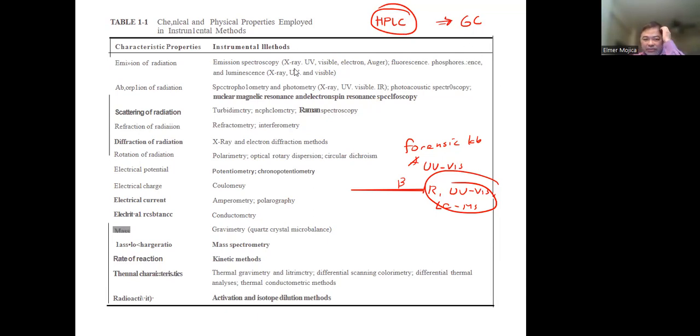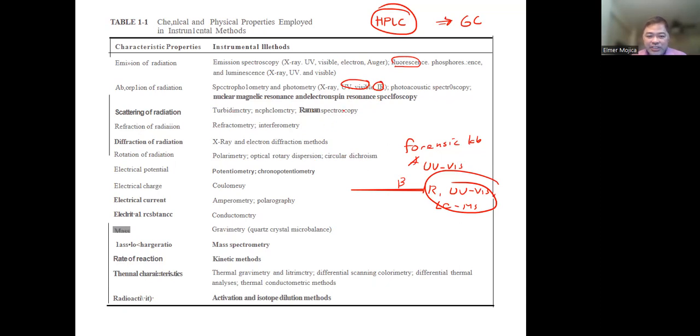So if we're going to look at the chemical and the physical methods employed in instrumental analysis, I think this is a summary. You can find something similar to this in the module. Now, you have the emission of radiation, so I have experience here in fluorescence. You have the absorption of radiation, so I have experience in UVB and IR.